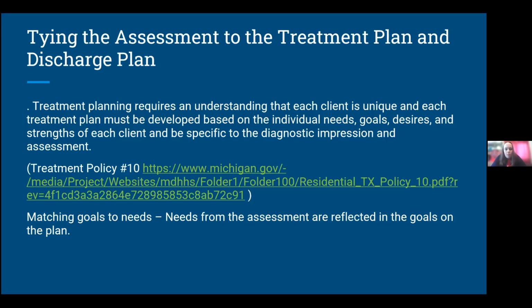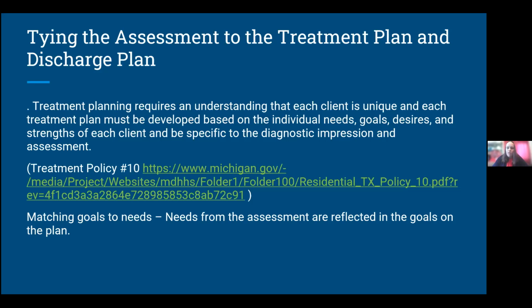And this part's the point I'm highlighting, and be specific to the diagnostic impression and the assessment. So we don't want to have an assessment where we identify all of these issues and then have a treatment plan that's completely unrelated to the assessment that's addressing entirely different issues. It might be possible later on in treatment as they progress that you do identify things later, and that's fine.